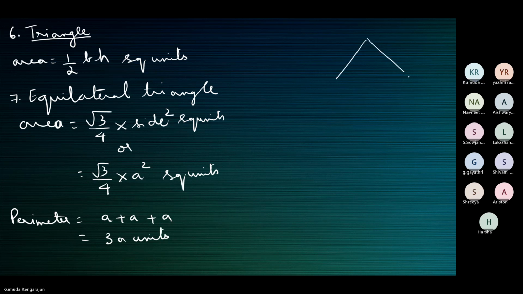Correct? Equilateral triangle, all the three sides are equal. So if you call each side as A units, perimeter is equal to A plus A plus A, 3A units. Area is equal to root 3 by 4 A square units.